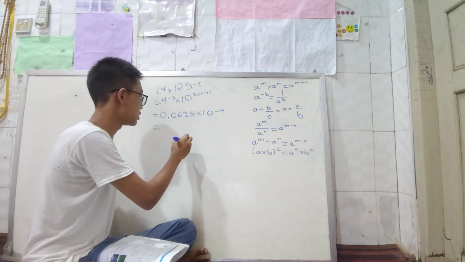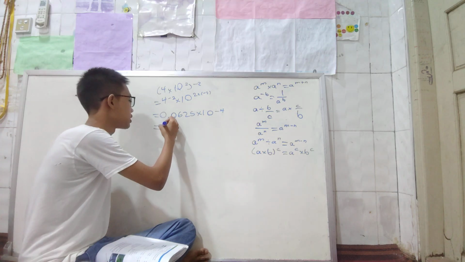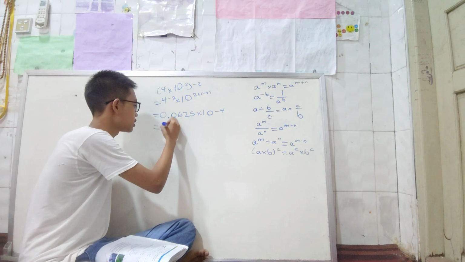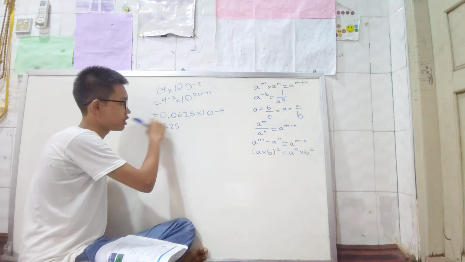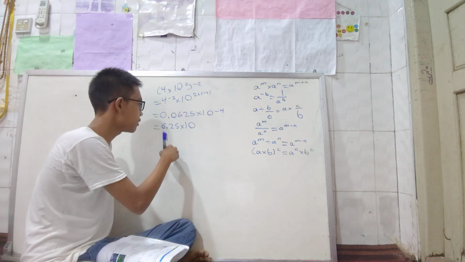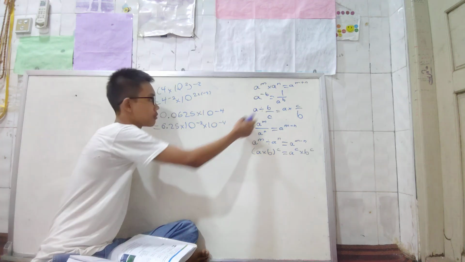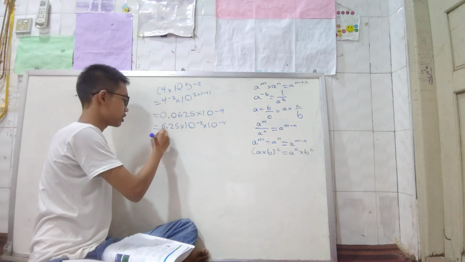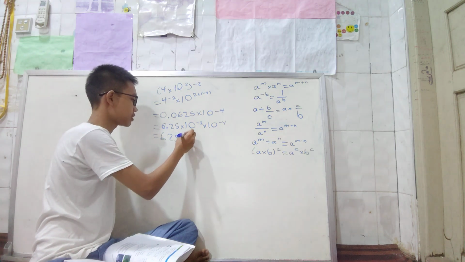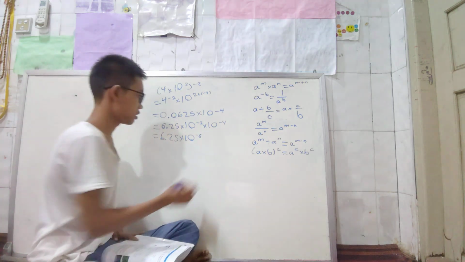That's going to be 6.25. We're going to turn this ordinary number part into standard form first. Okay, 10 to the power of minus 2 multiplied by 10 to the power of minus 4. I'm going to use this rule, and then we're going to get 6.25 times 10 to the power of minus 6.